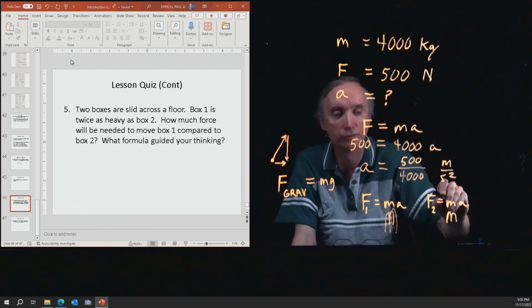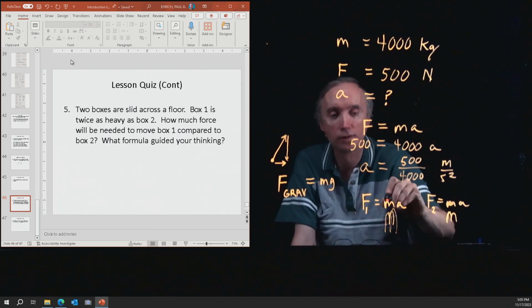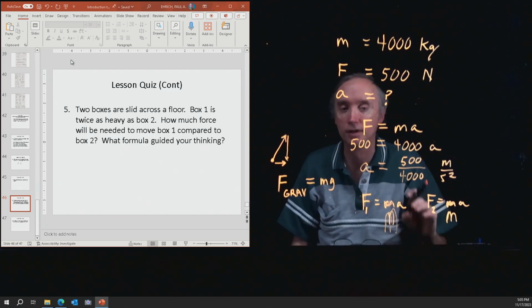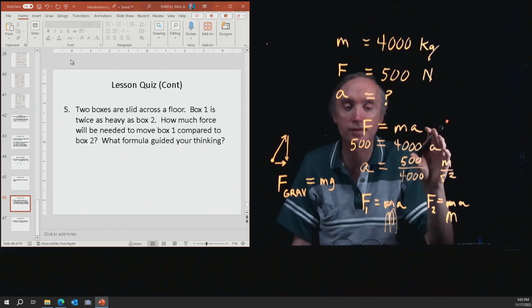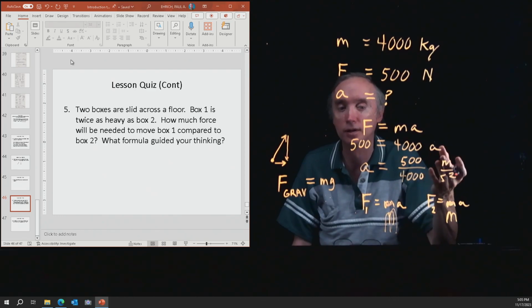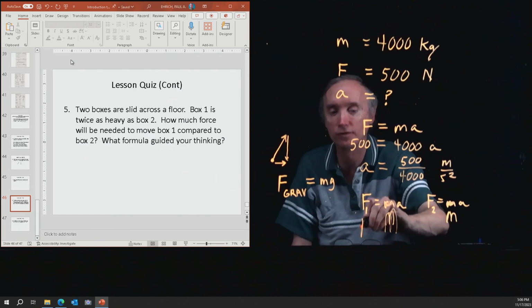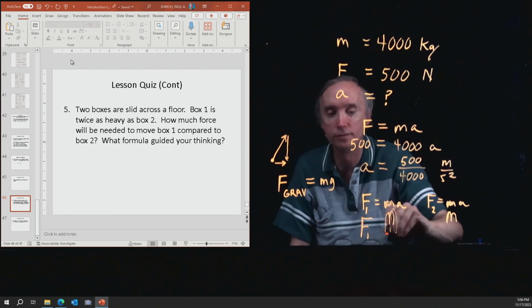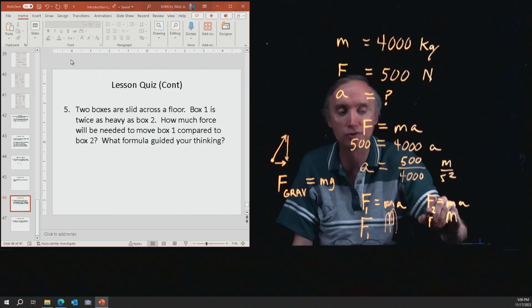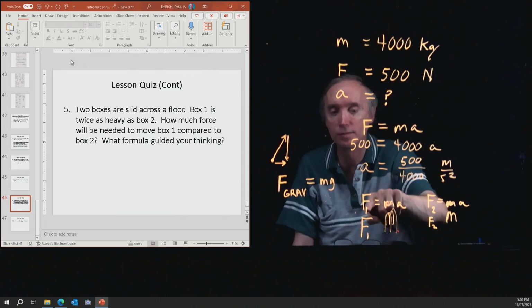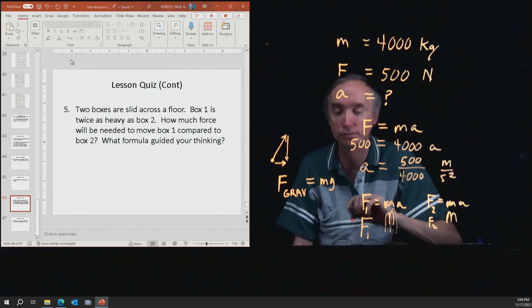If we want the two boxes to slide with the same motion, then we need a larger force on one than on number two. And we can even say how much. We're going to need twice the amount of force to move something that has twice the amount of mass.